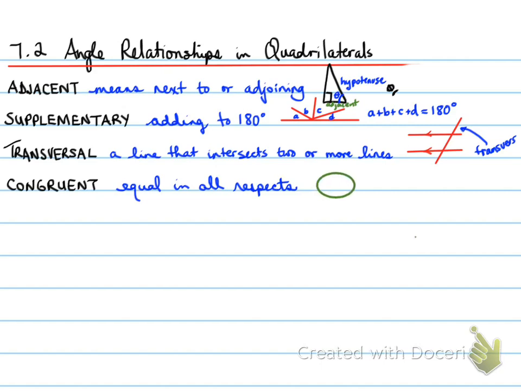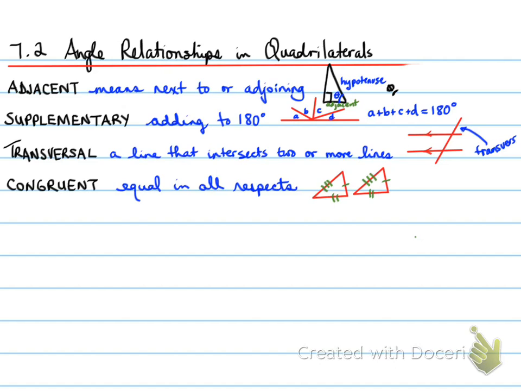I can take this triangle and make a complete duplicate of that triangle, and these two triangles would be considered congruent because not only are they equal in all sides, such as this, all the sides are equal, but also all of their angles will also be equal to each other. So that's what congruent means.